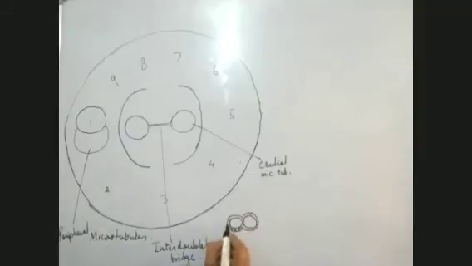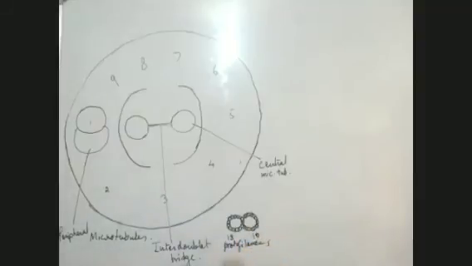I have made 4, 5, 6, 7, 8, 9, 10, 11, 12, 13. There are 13 protofilaments. These are known as protofilaments. And in the second, which is half visible, we have 10 protofilaments. 2, 3, 4, 5, 6, 7, 8, 9, and 10. Here we have 10 protofilaments.